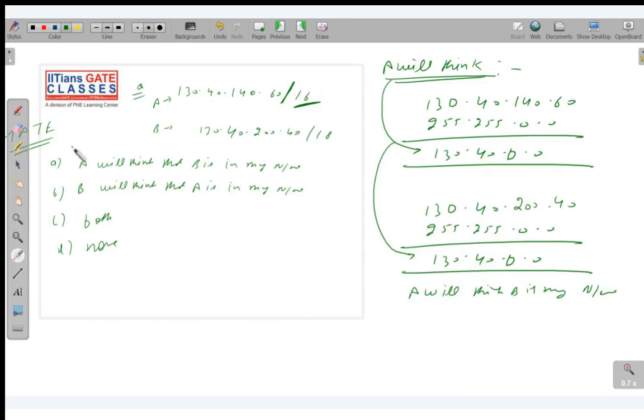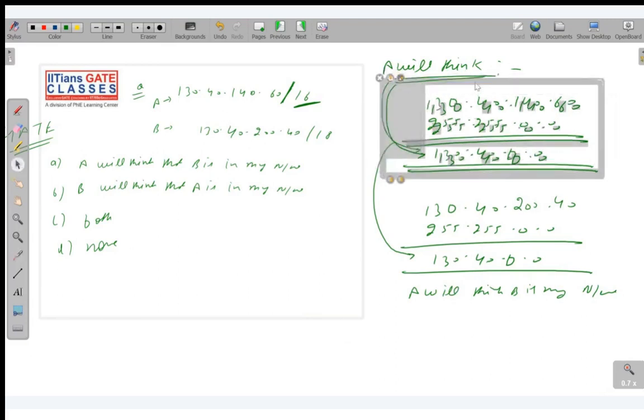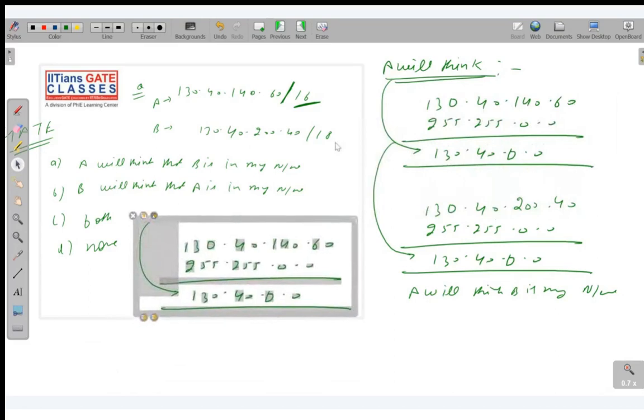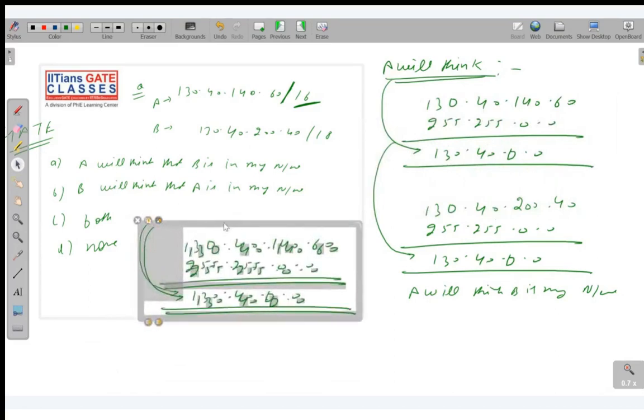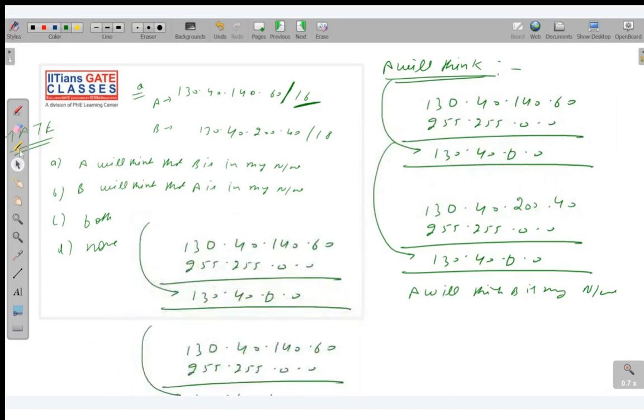So what will B do? I will copy it. So B will apply its own net mask. So what is the number? Slash 18. Slash 18 means here what will I get? 128 plus 64, that is 192.